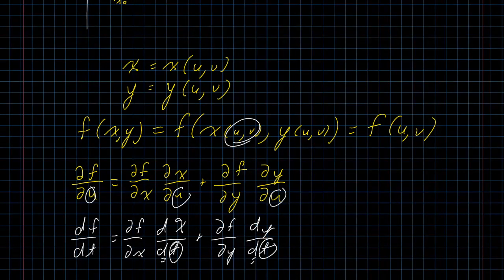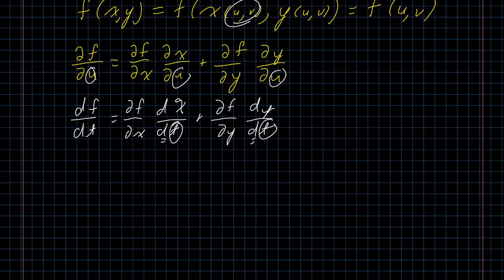And as we've seen previously, if we extend this into 3 dimensions, that's still going to be the case. If I have f of x, y, and z, where x is a function of u, v, and I guess w if I need another letter. Likewise, y is a function of u, v, and w.